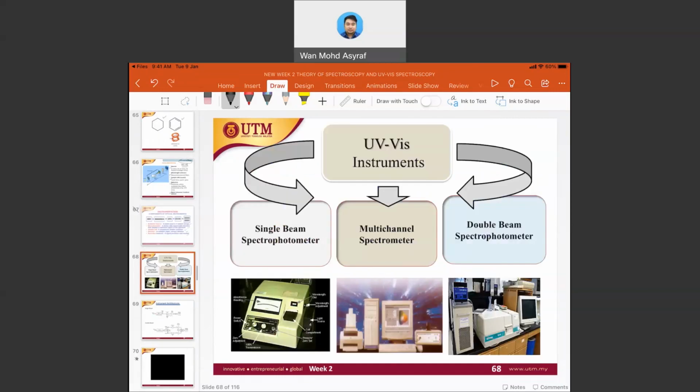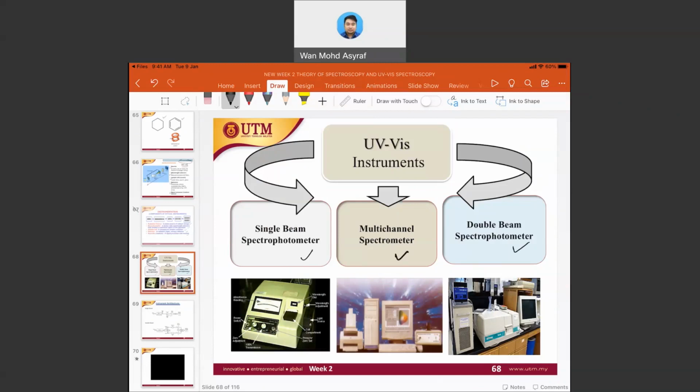All right, so UV-Vis spectrometry is divided into three types: the first one is single beam, the second one is a double beam spectrometer, and the third one is a multi-channel spectrometer. So you will be able to look at different kinds of UV-Vis instrumentation and how they differ from each other.